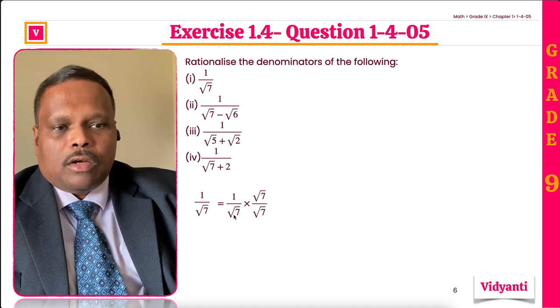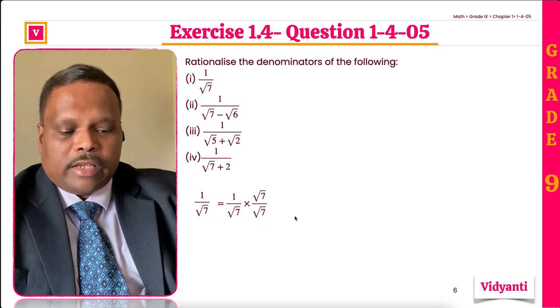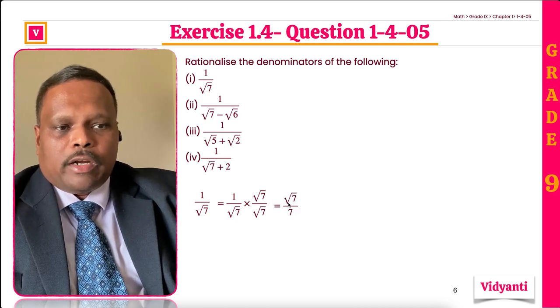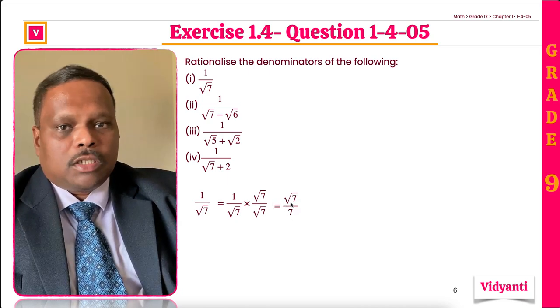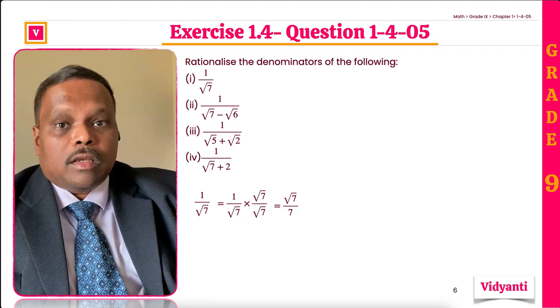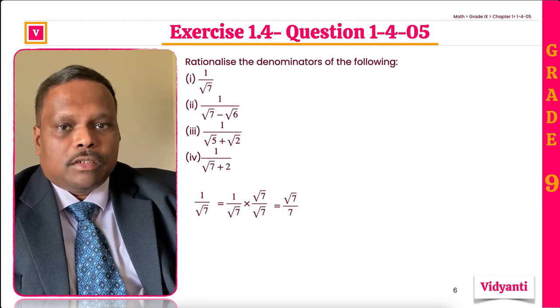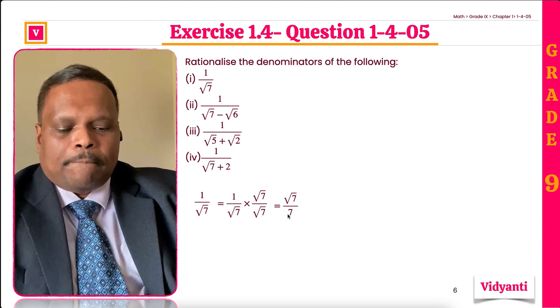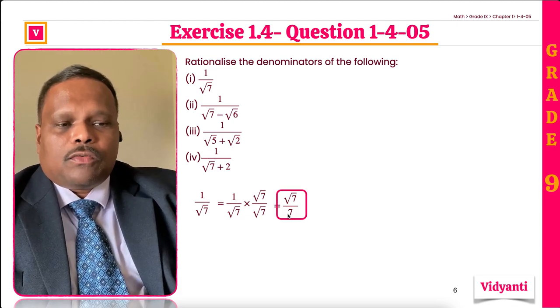In the denominator, root 7 times root 7 will become 7, and in the numerator, it will become just root 7. This is a better way of visualization because now we can take root 7 objects and divide them equally among 7 people. So that's a better visualization. So this is your final answer.